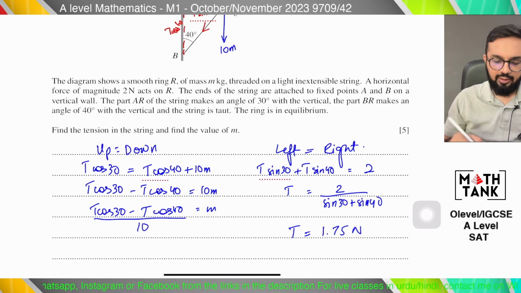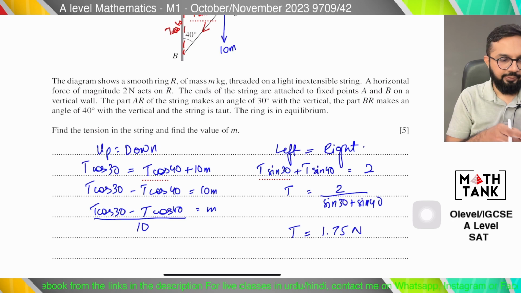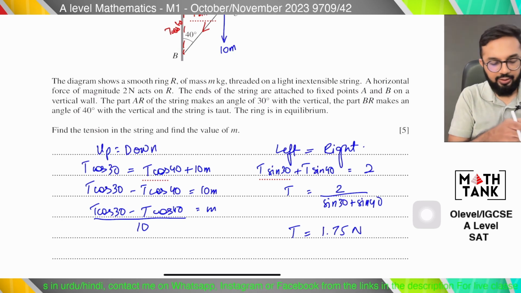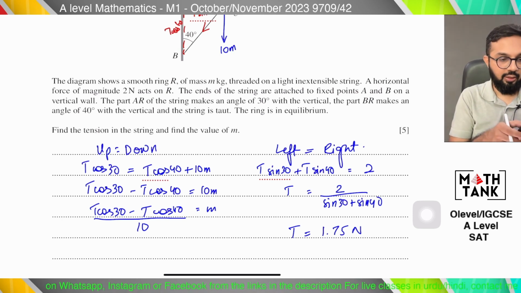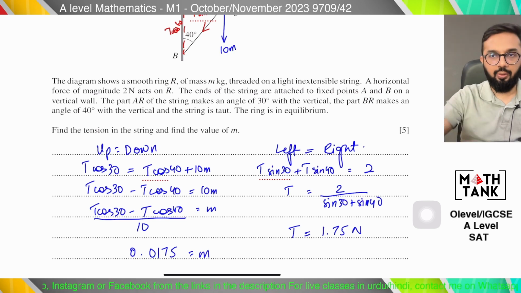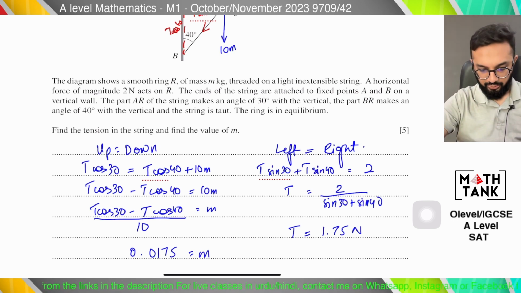That gives me 0.0175. Okay, that's question number two, and those are the two final answers.